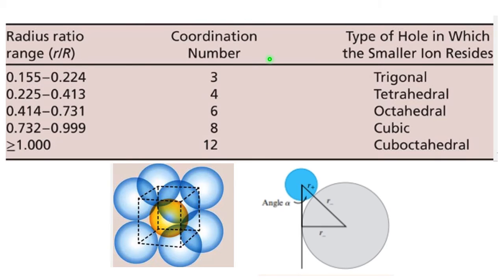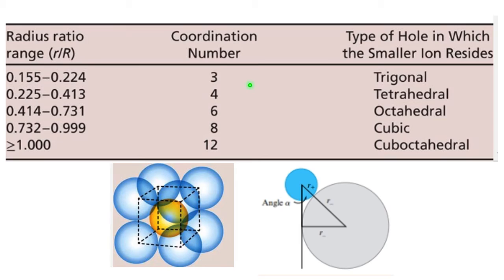Now, how positive and negative ions are arranged? Again, we have close packing principle. So smaller positive ions should fit between larger negative ions which repel each other.